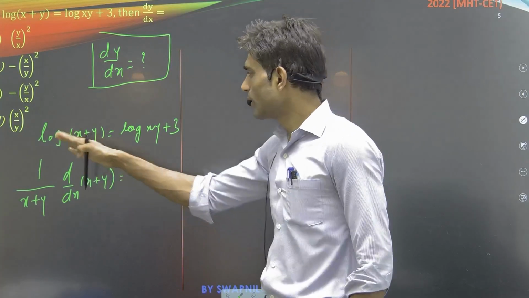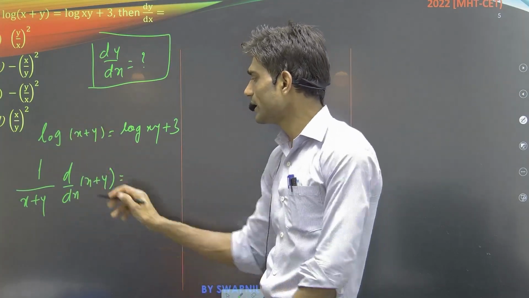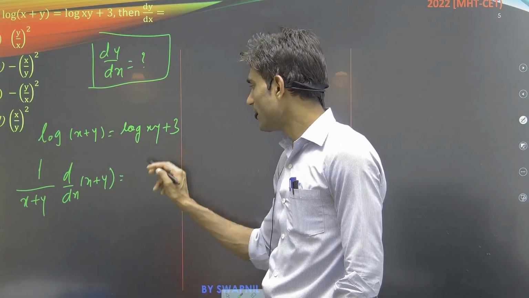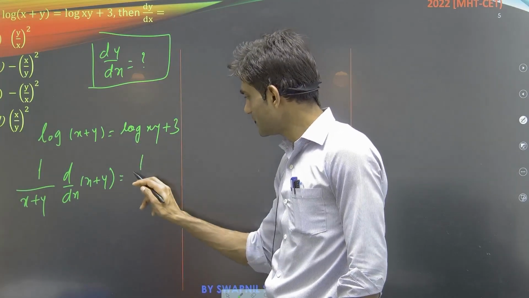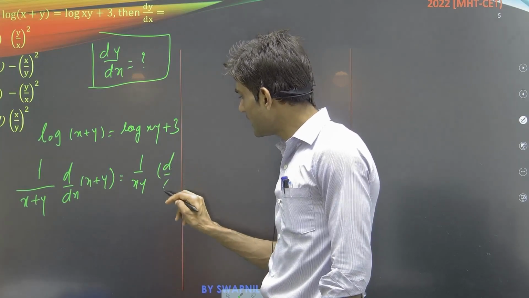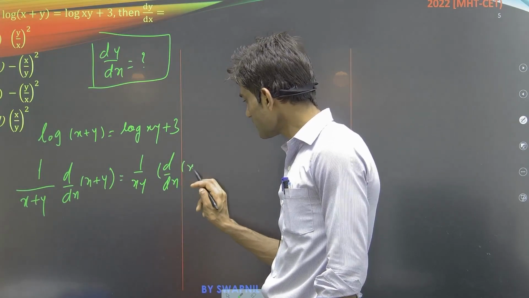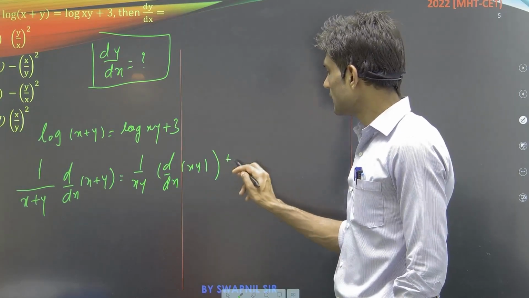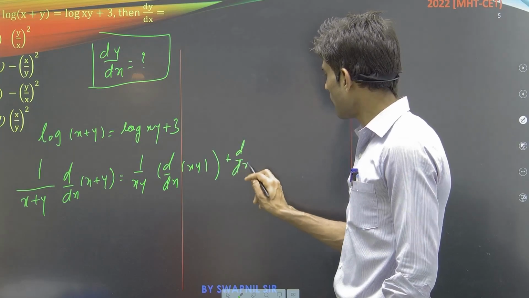Similarly, log of xy has differentiation 1 upon xy into d by dx of xy, plus d by dx of 3.